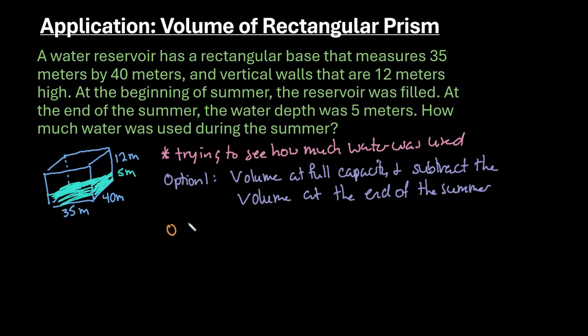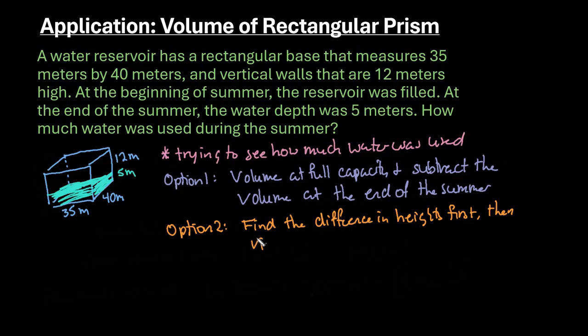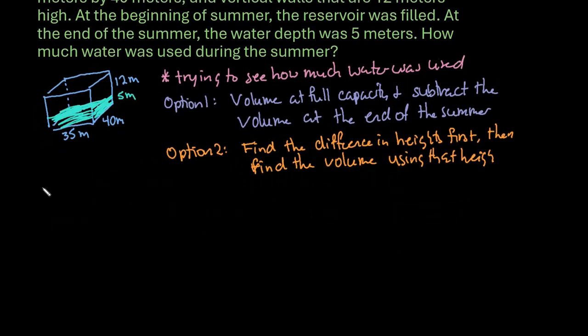Option 2 is to find the difference in the heights first, then find the volume using that height. So really there are two approaches, and sometimes there's more than one way of arriving at the correct answer. I'm going to go through option 1 first.